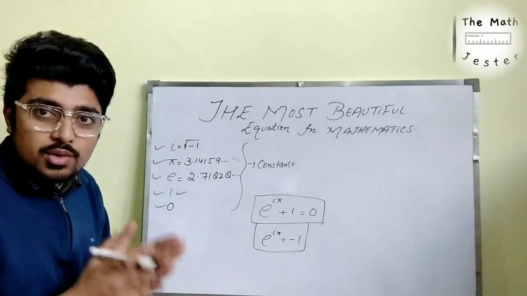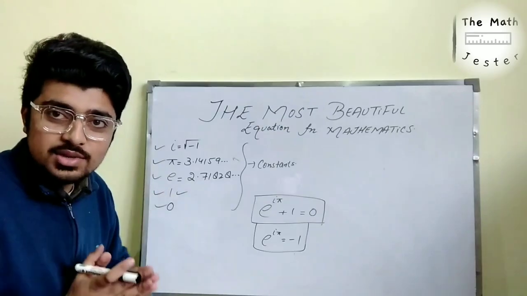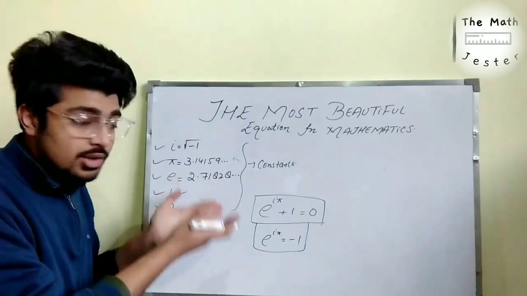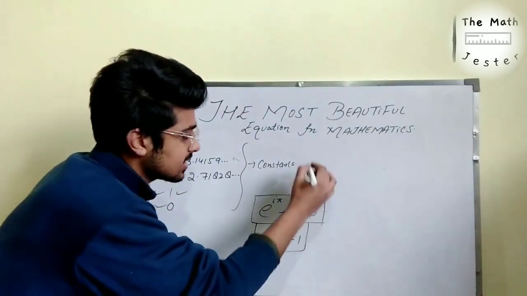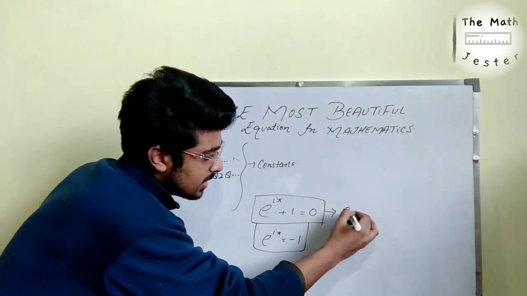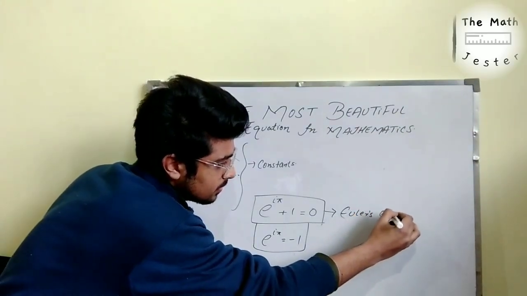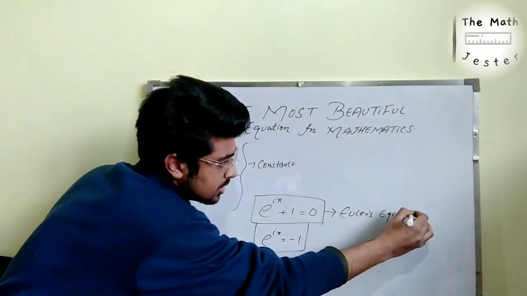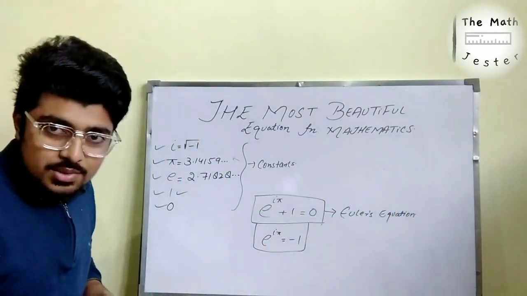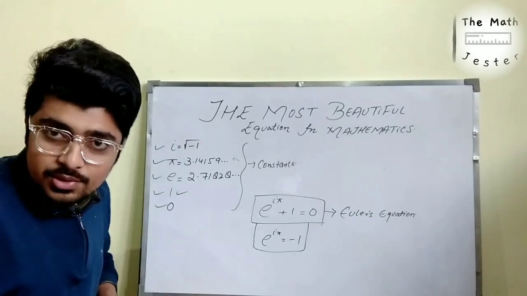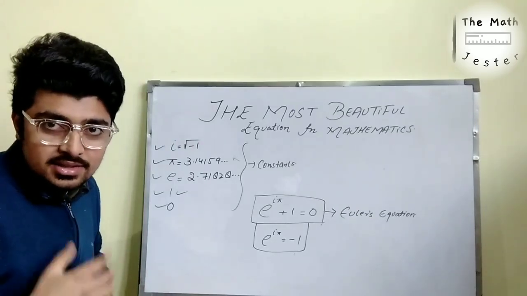So whenever you want to find the most beautiful equation in mathematics, it is only Euler's equation. The equation is also called Euler's equation and is the most beautiful equation in mathematics. Thank you so much.